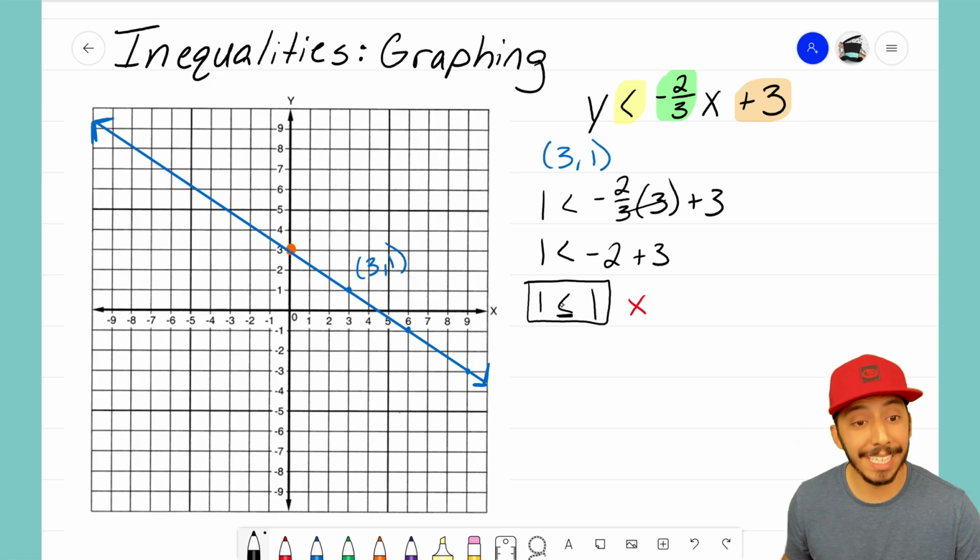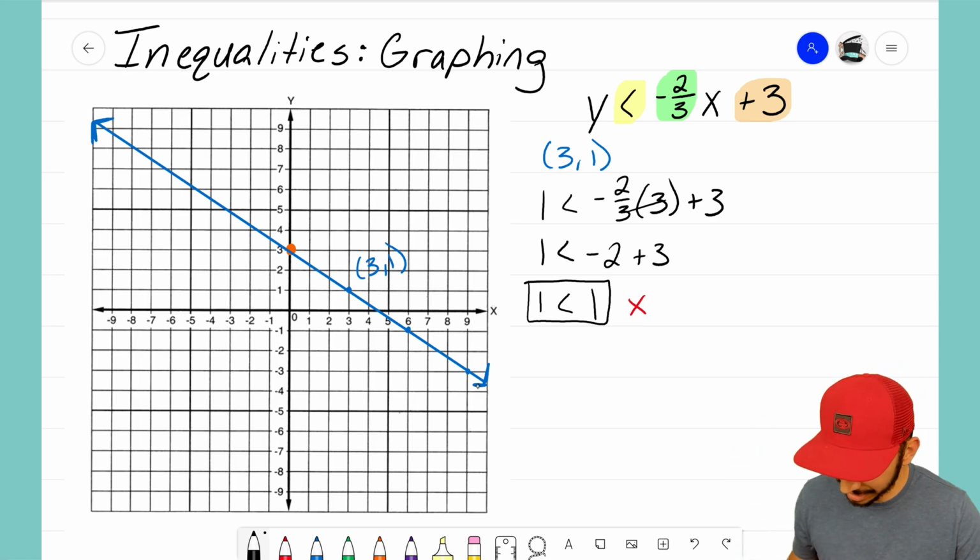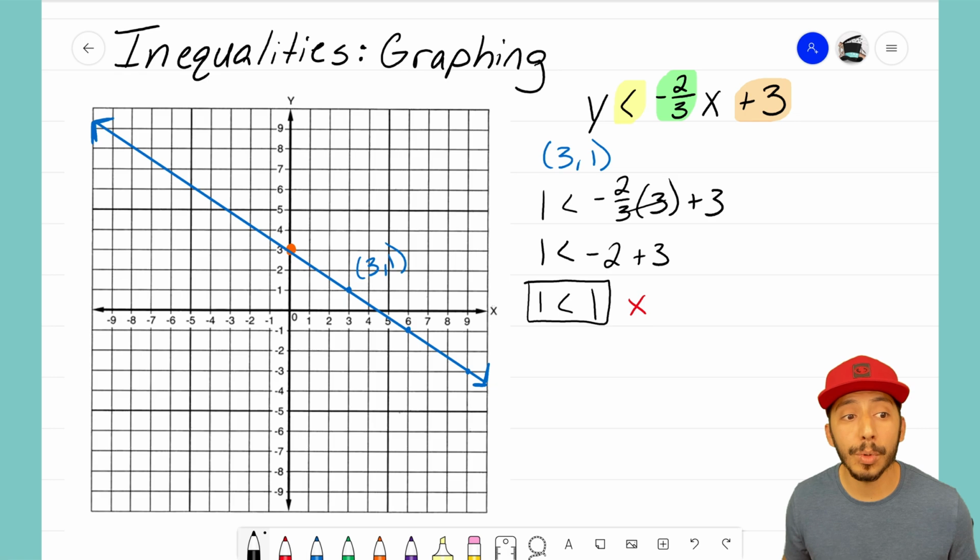Had there been less than or equal to, then we could have given this a green check mark, because we know the point on that line works. But because there's no equal sign, we create a false statement. So any of the points on the line do not satisfy our inequality.